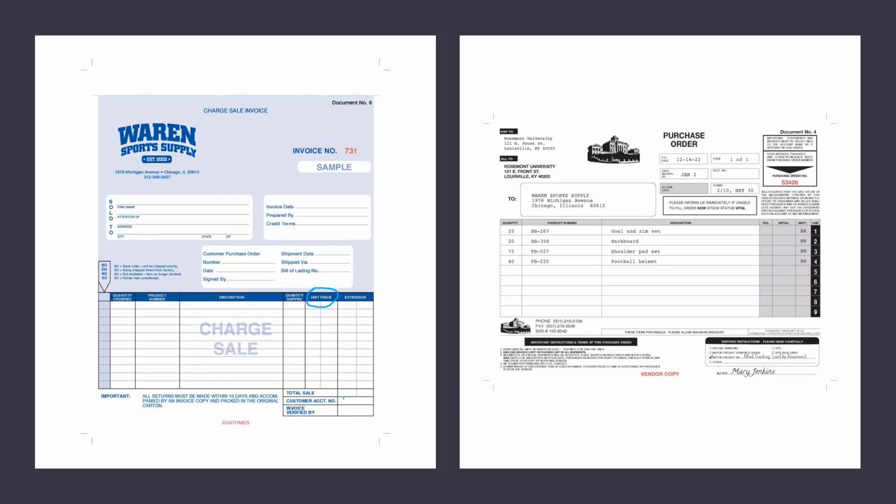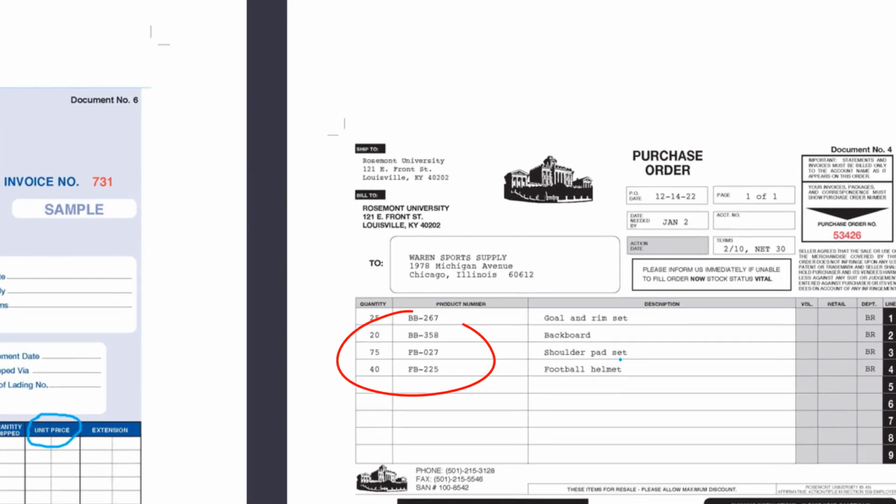Okay, so then notice that the order is 75 shoulder pad sets, but we are only able to ship 45 sets. So 30 will be back ordered.